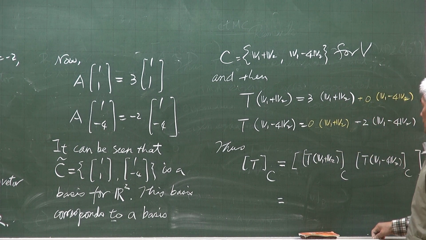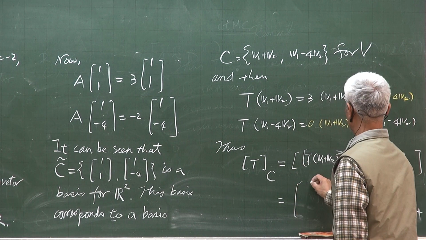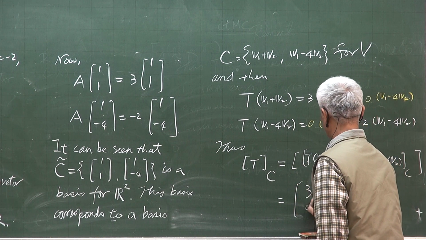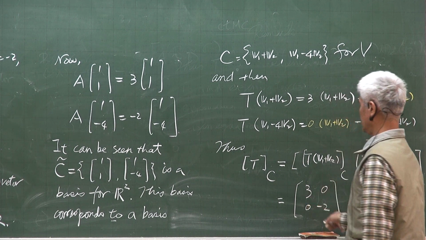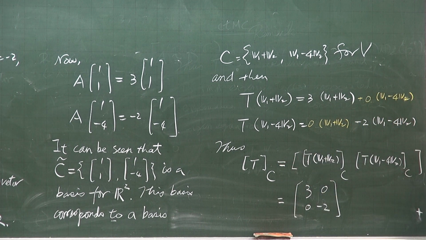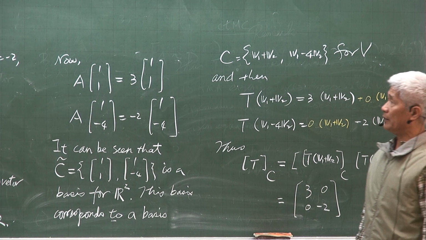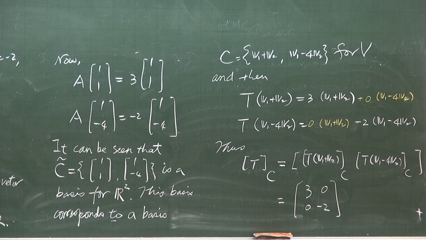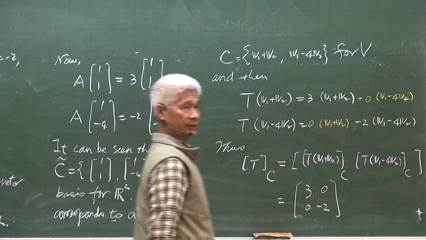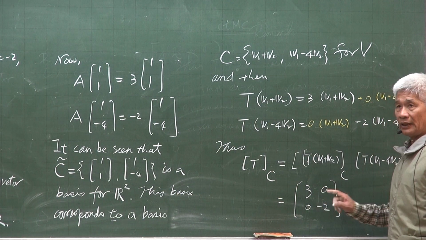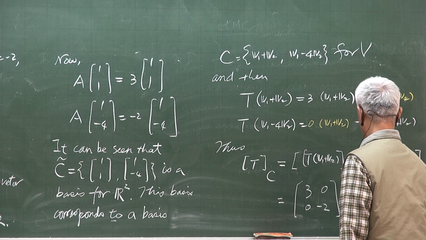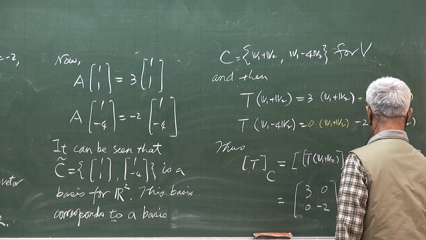So the matrix representation is, this one is 3, 0, and this one is 0, minus 2. So the matrix representation is a diagonal matrix. Compare with the original matrix A, which is not diagonal. Then we now have a diagonal matrix.